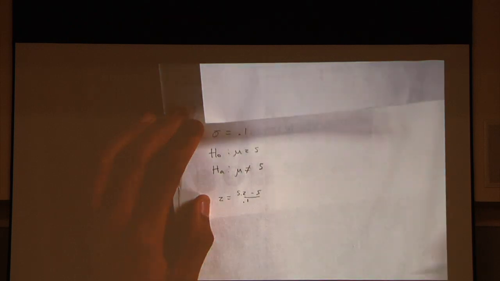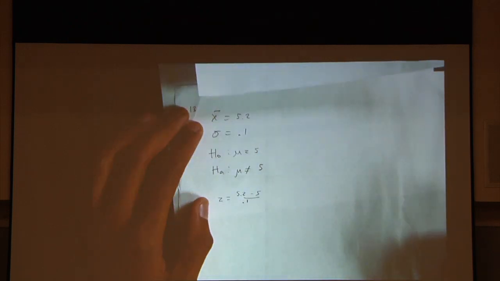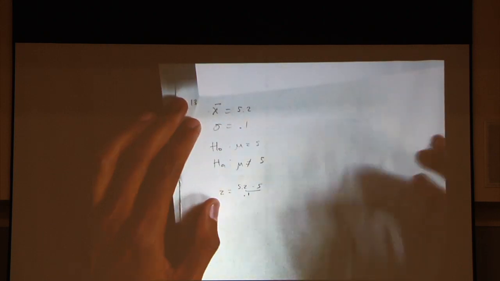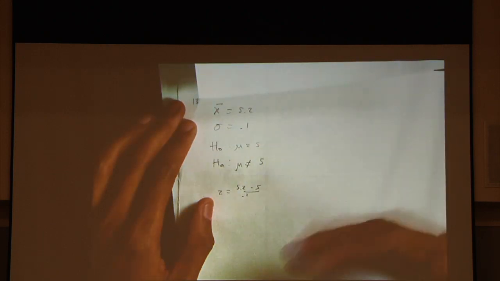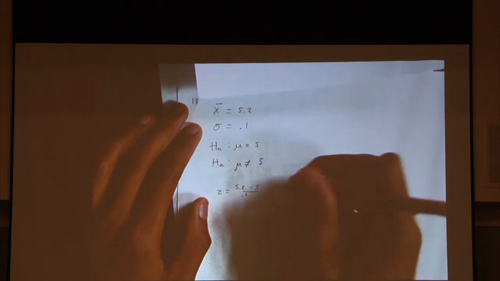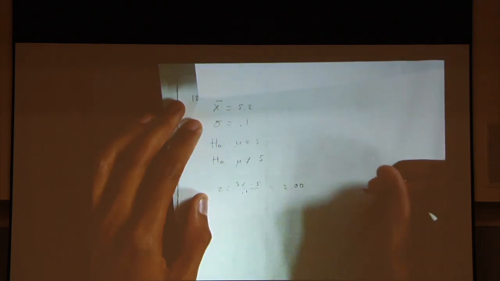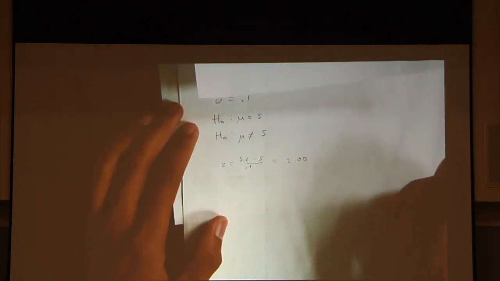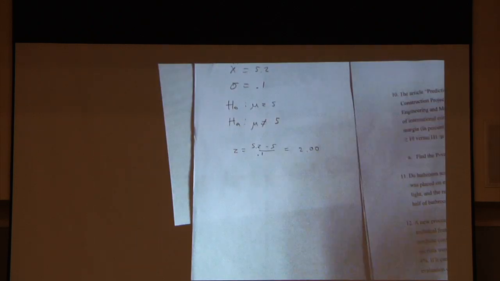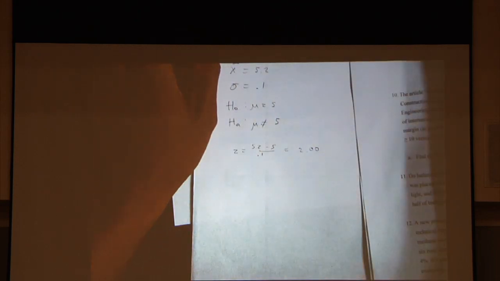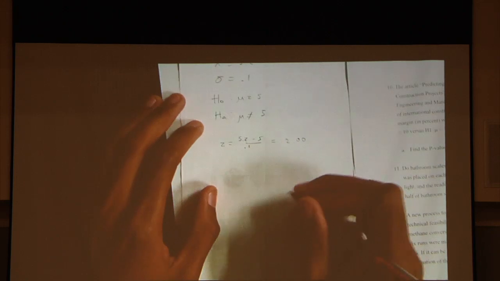Oh yeah, you don't know the n, but you can just standardize it like this. So 2. Right? So the z value of 2 gives you 0.977.